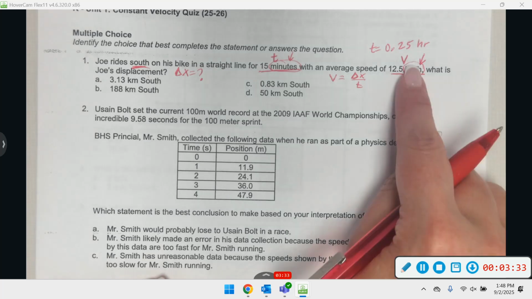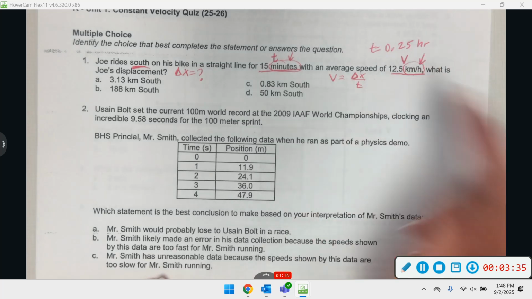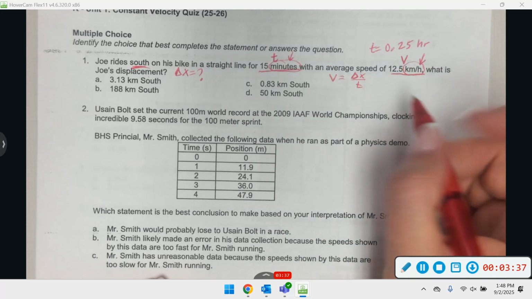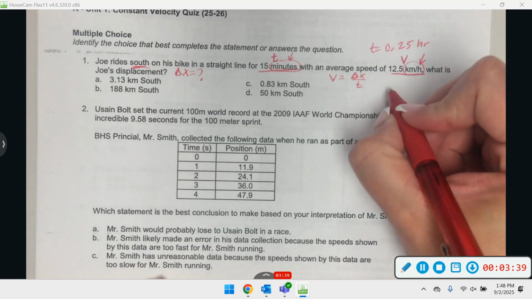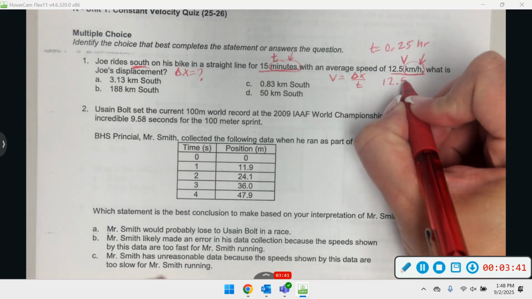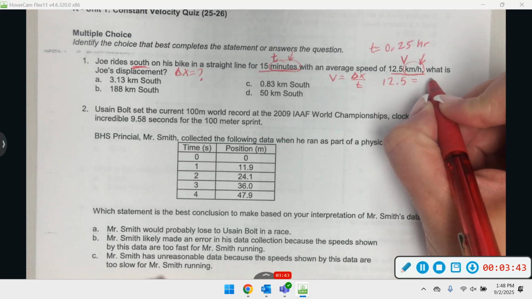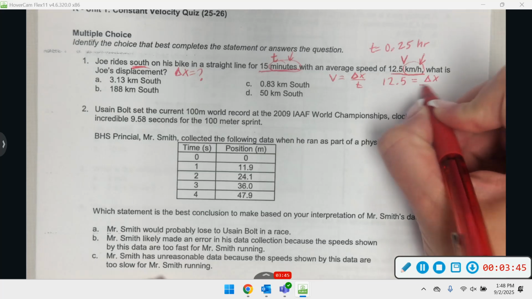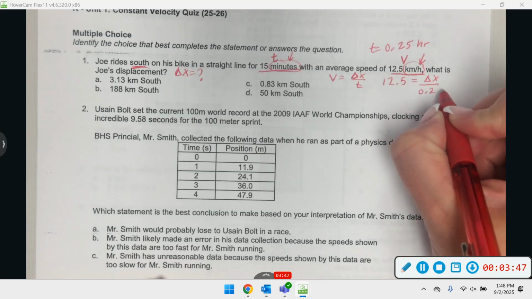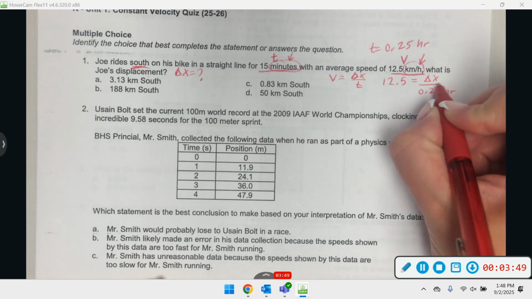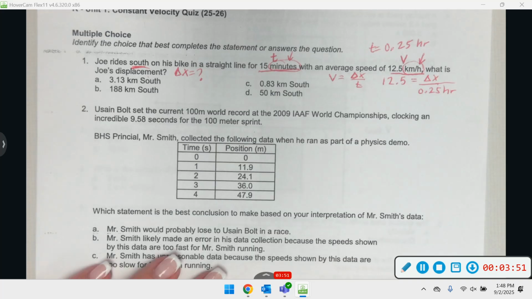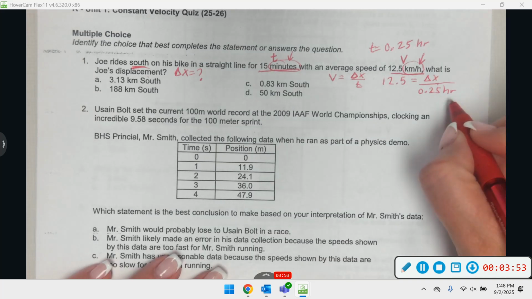Okay, so I have a velocity, I have a time, my units are now consistent. Cool. Okay, and so we can substitute in. My velocity is 12.5. It is equal to my displacement, which I'm trying to find, divided by my time, 0.25 hours. Okay, so if I want to solve for delta x, we're going to multiply both sides by 0.25 hours.